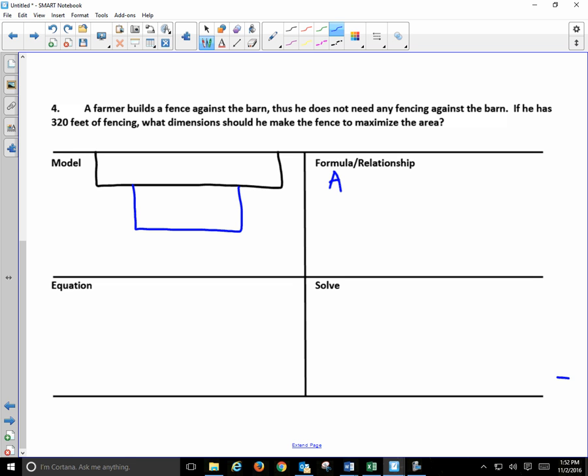Area, length times width. Let's put some labels here. Width, length. Okay. Now I'll use the 320. Great.